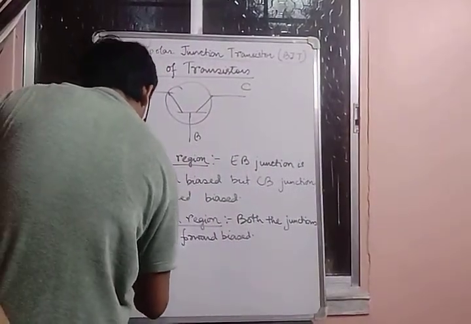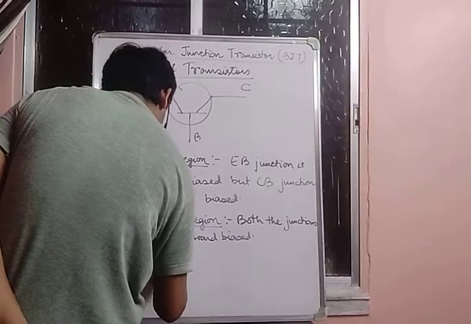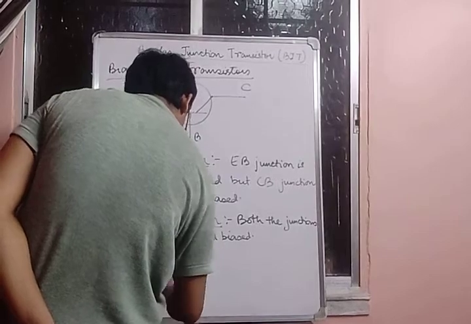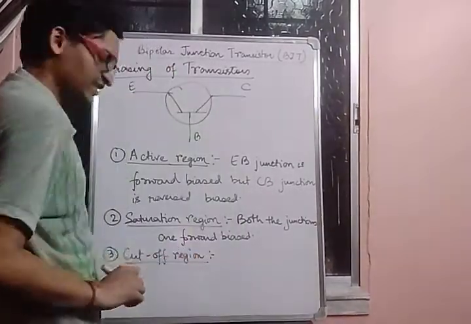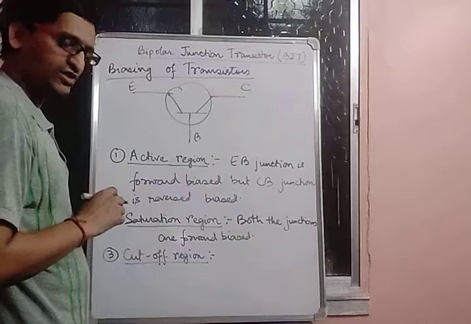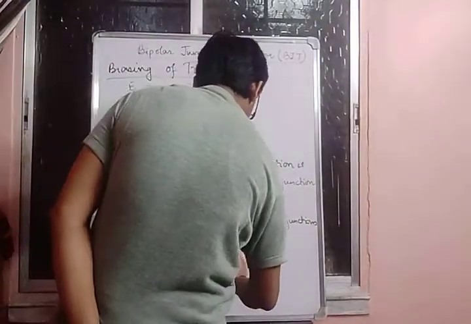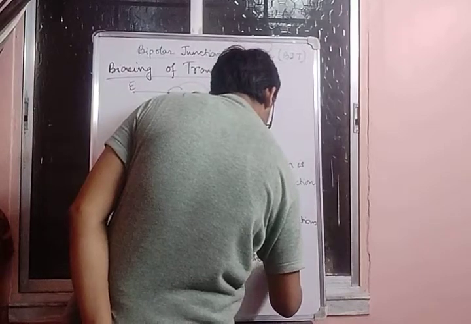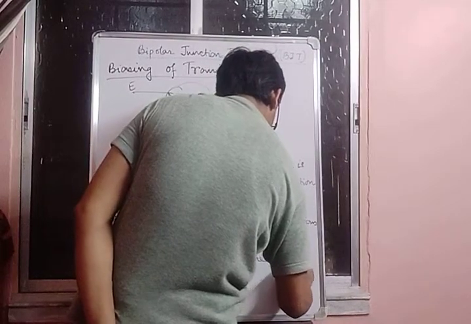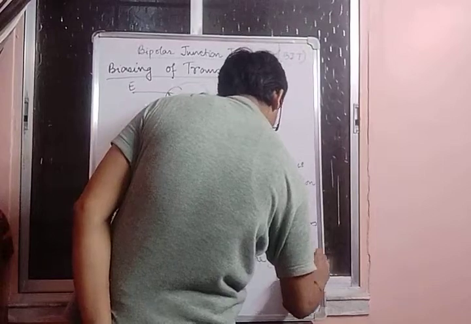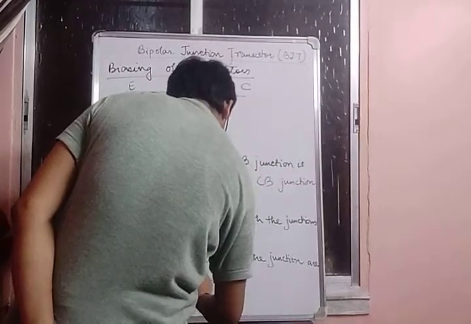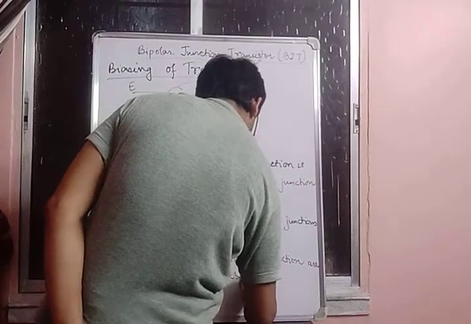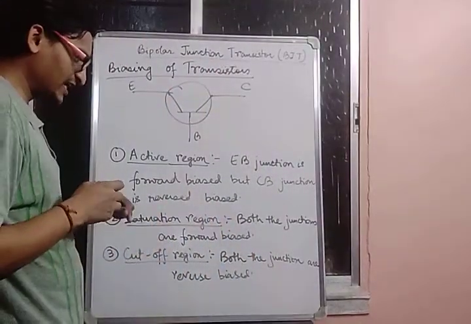Third is your cutoff region. In case of cutoff region, both the junctions are reverse biased.